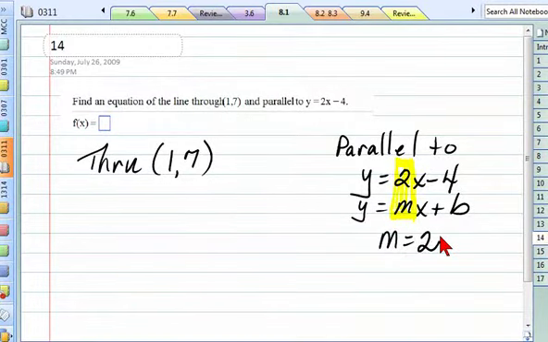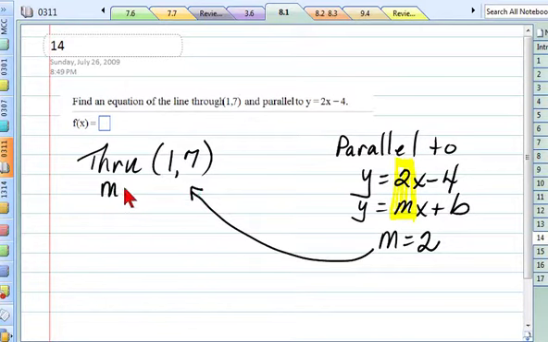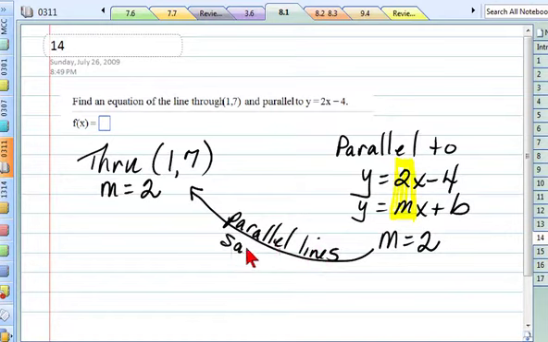You just told me that parallel lines have the same slope. So, my slope for my line is also 2. Now I'm going to write on this: parallel lines, same slope. That's why I was able to grab m equals 2 and bring it over here.